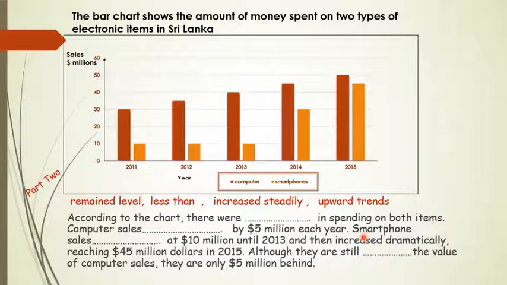Smartphone sales blank at $10 million until 2013 and then increased dramatically, comma, reaching $45 million in 2015.